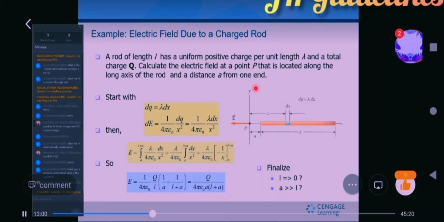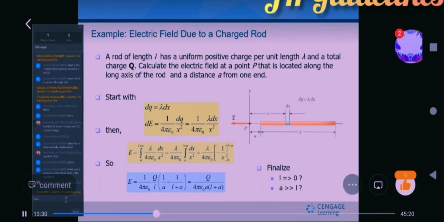Now, according to the problem, a rod of length L has a uniform positive charge per unit length lambda and a total charge of Q. Then how many charges are contained in this portion dx?